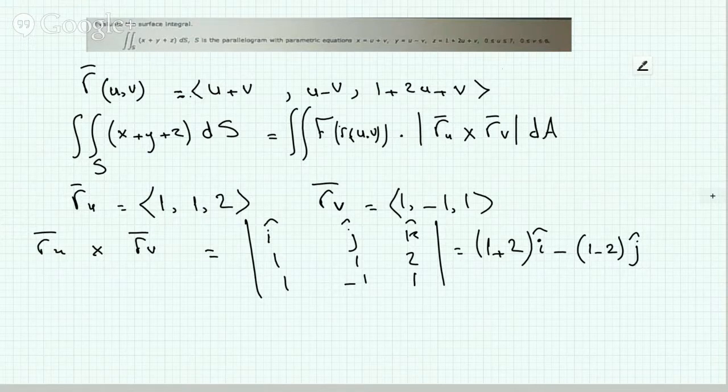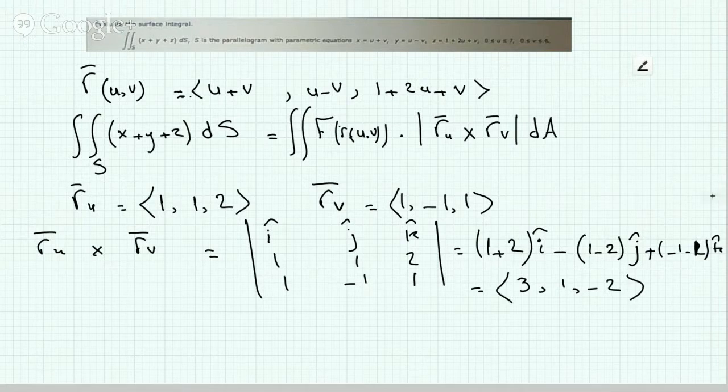Take the determinant of the matrix 1, 1, 1, minus 1. So we get plus minus 1 minus 1. So okay, the cross product will be 3, comma 1, comma negative 2.